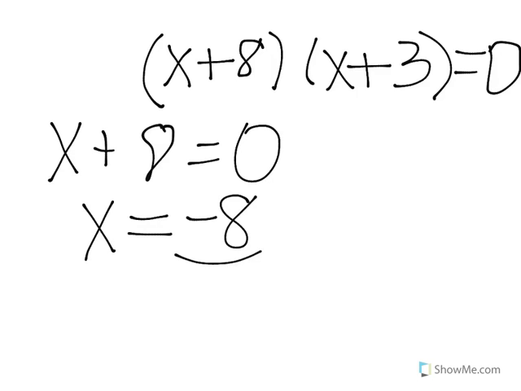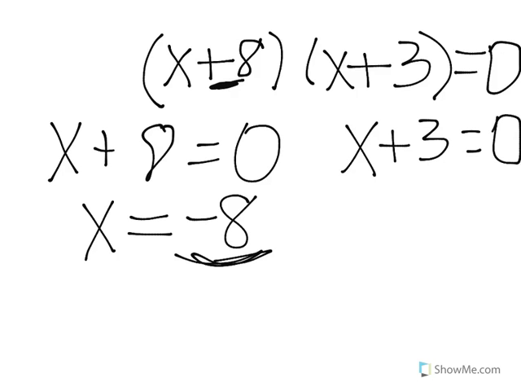So basically the answer was the opposite sign of whatever was in parentheses. Now this x plus 3, same process. Set it equal to 0. The answer is going to be -3. So again, the answer is the opposite number of what was in parentheses. It's always going to be like that when you have a parentheses and we're dealing with quadratics.